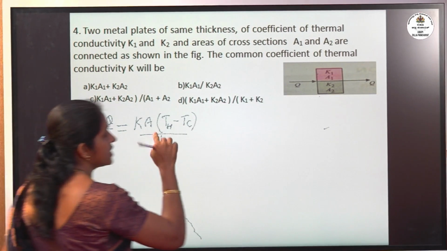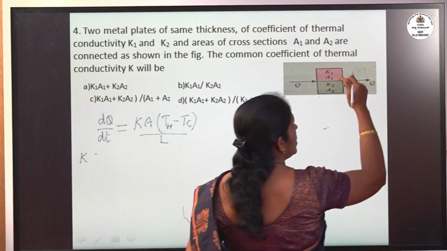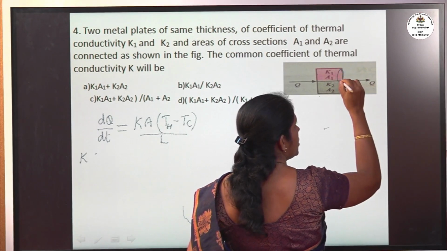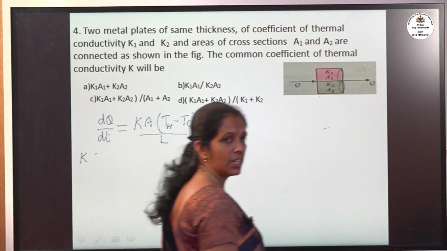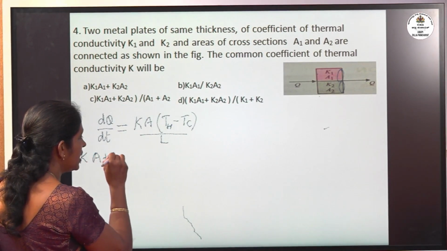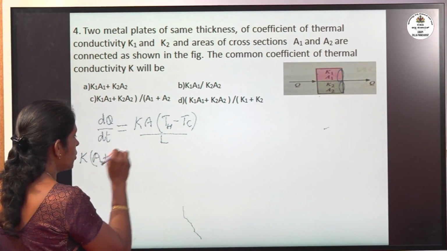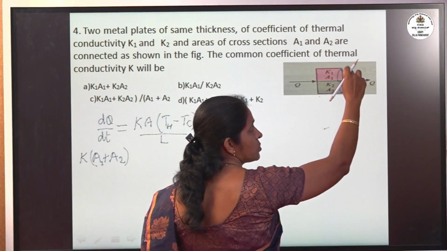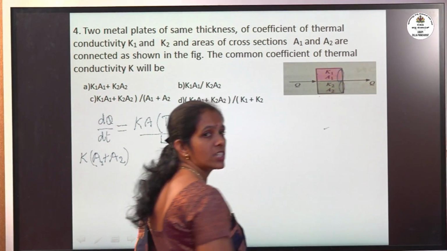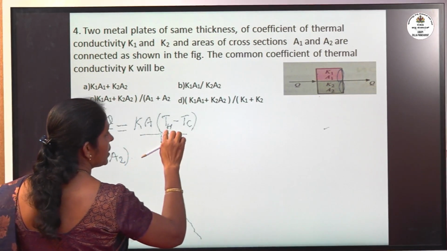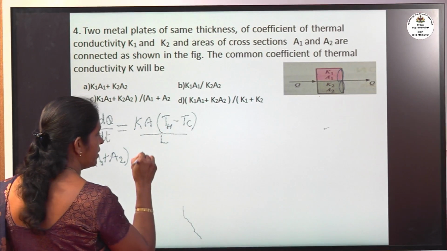A is the area of cross section. Here A1 is the area of cross section of the first body, A2 is the area of cross section of the second material. Therefore, A1 plus A2 is the area of cross section of the two bodies together. When we consider the two materials together, the total area of cross section is A1 plus A2, into temperature of hot end minus cold end.